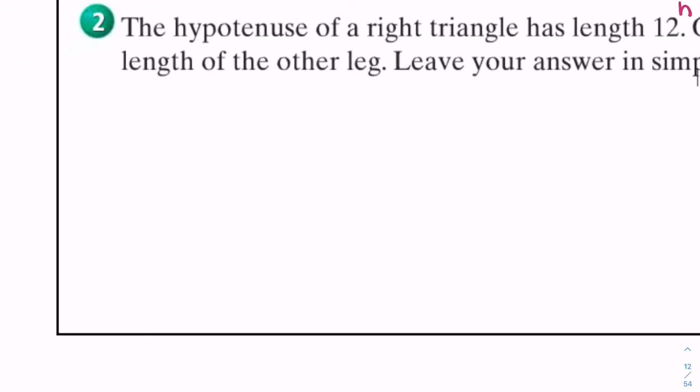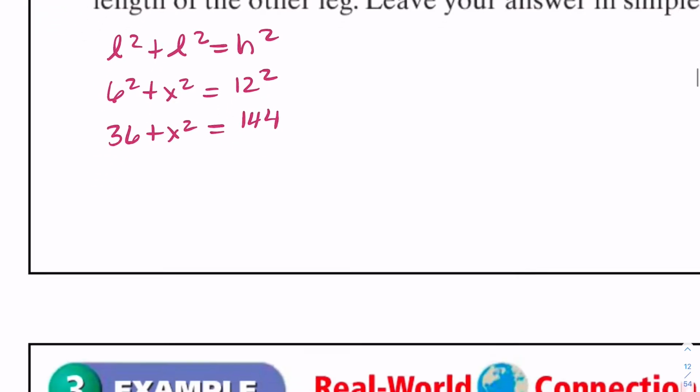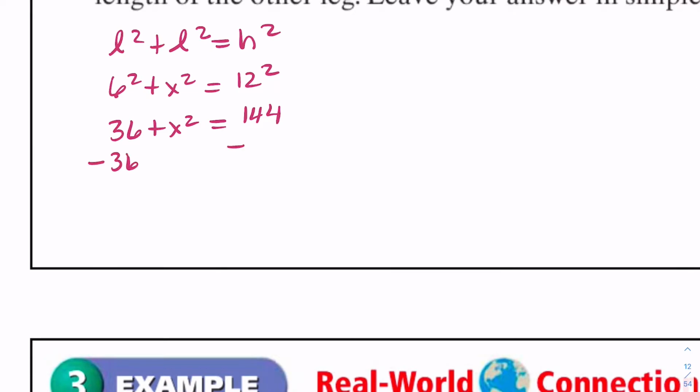So I'm going to do leg squared plus leg squared equals hypotenuse squared. 6 squared plus x squared equals 12 squared. 36 plus x squared equals 144. Take away 36. x squared equals 108.